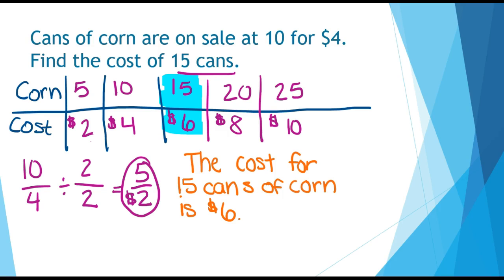Okay, so we tried doing our regular table, but it wasn't working for us because there wasn't an even number. We can't count by tens to get to 15. That's not how this works. 10, 20, 30, wait, there's no 15 in there. So we had to go backwards and say, okay, let's look at a way to find the simplest ratio.